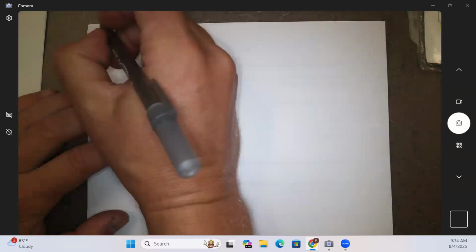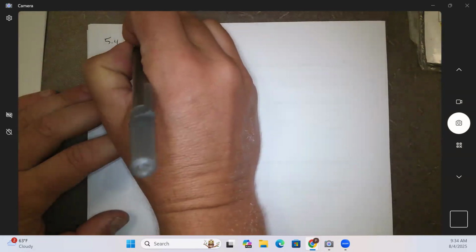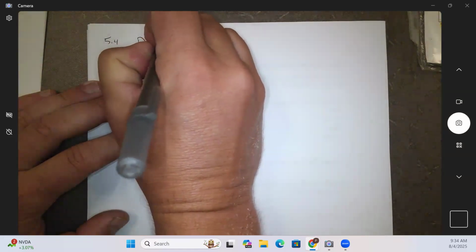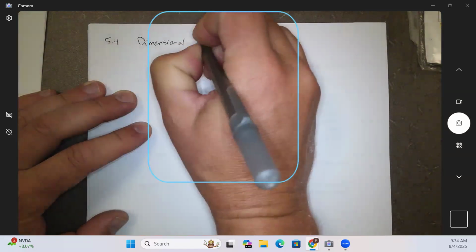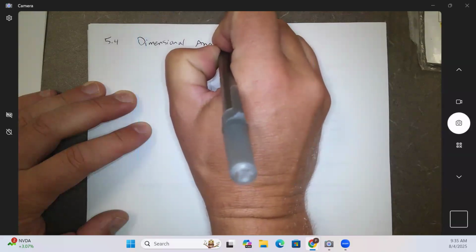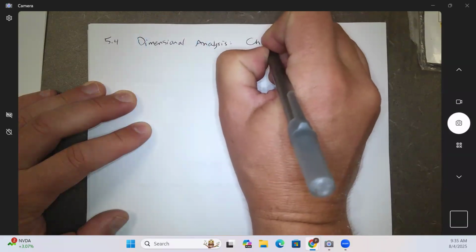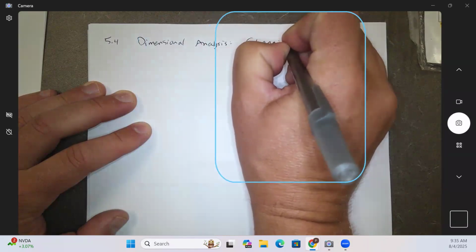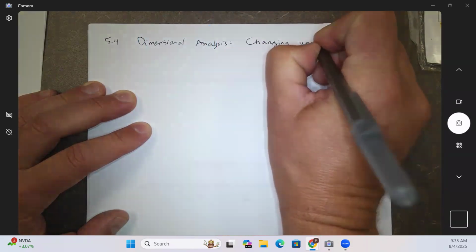Yeah, good question. All right. So that brings us to section 5.4, dimensional analysis. Or as I like to call it, changing units.